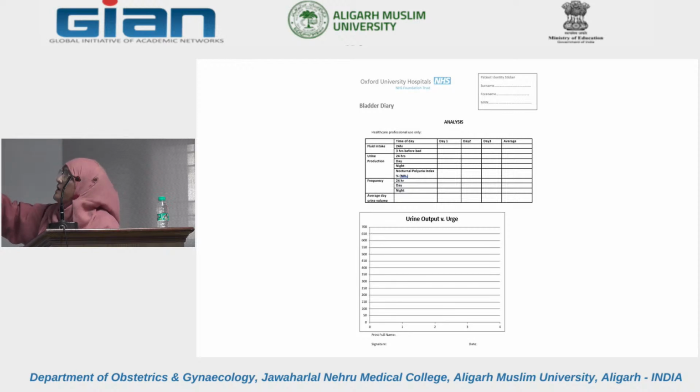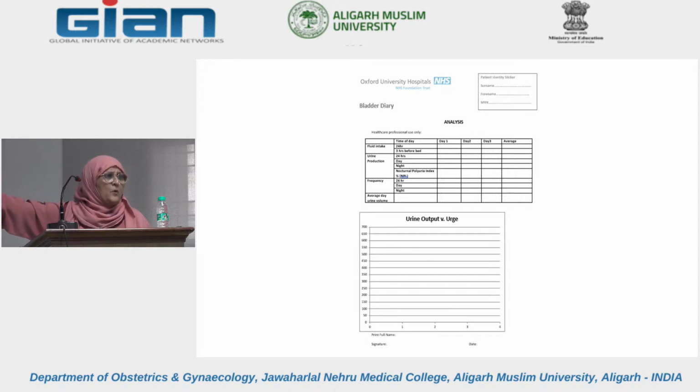what the frequency was in 24 hours during the daytime and during the night time, and the average urine volume per day. That analysis has to be done by a healthcare professional who can see that 3-day diary and analyze it. Then, when she has an urge to pass urine, how much urine did she pass?